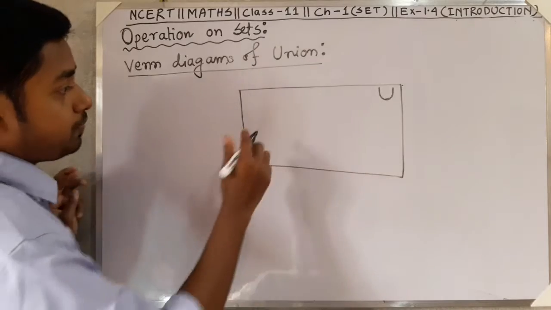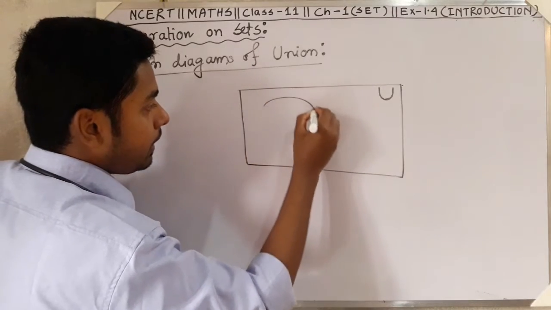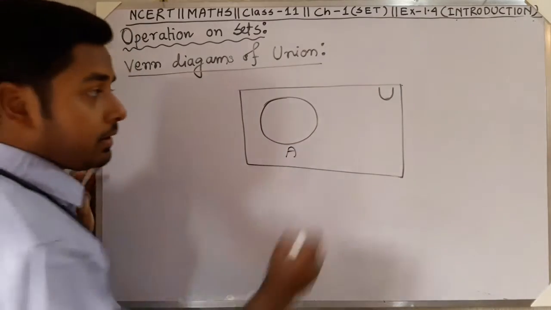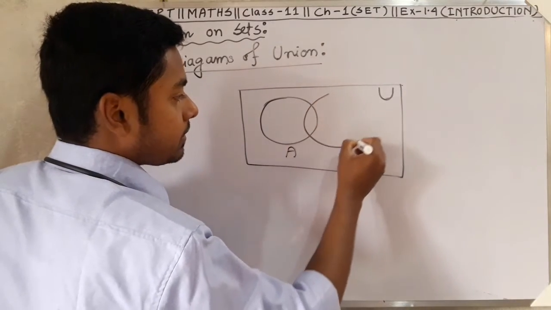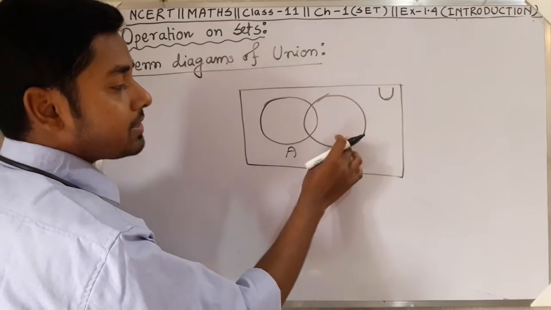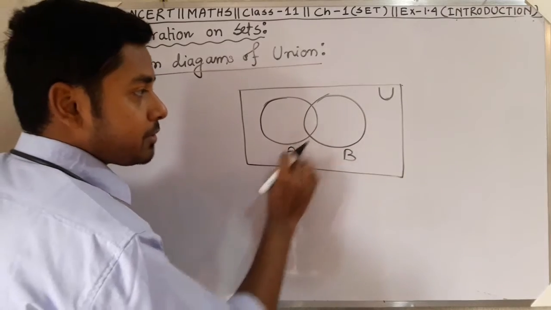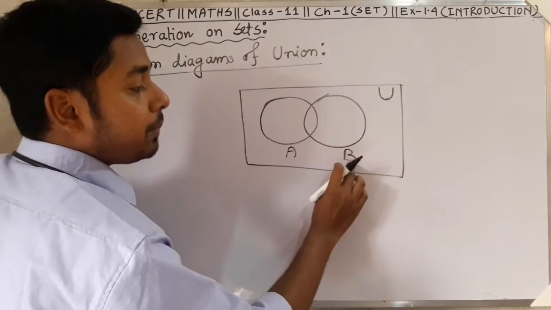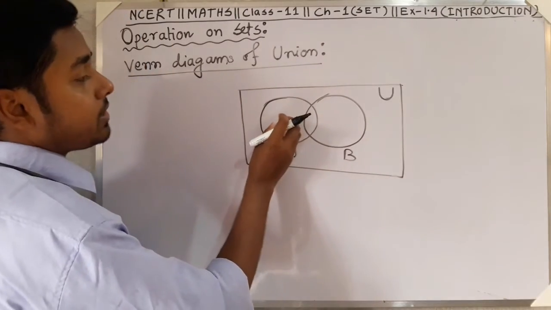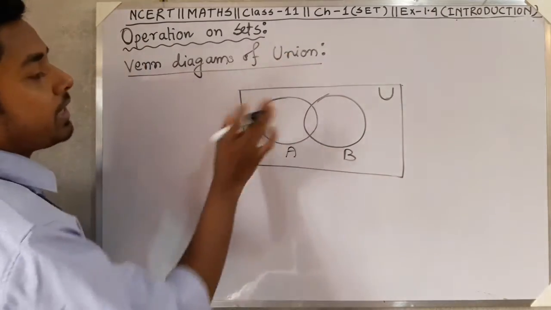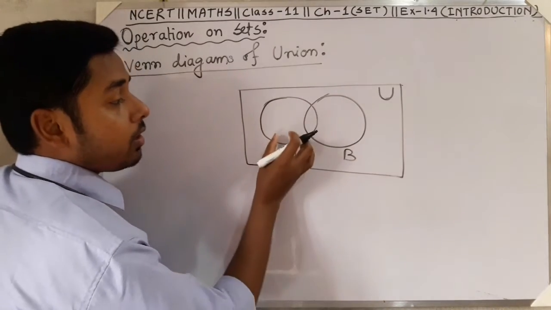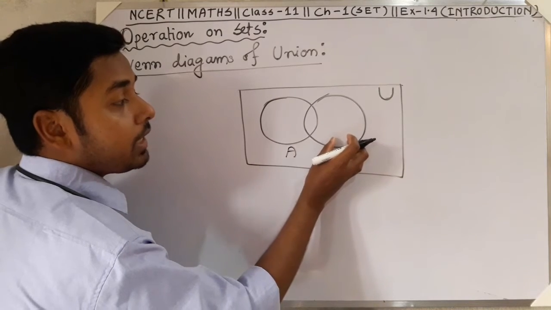So suppose A is a set and B is a set, and A is a subset of the universal set and B is a subset of the universal set. Now how can we represent the union through the Venn diagram? Union means elements of A, elements of B and common elements.